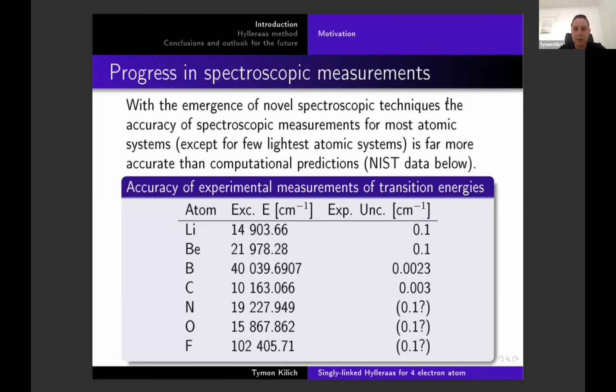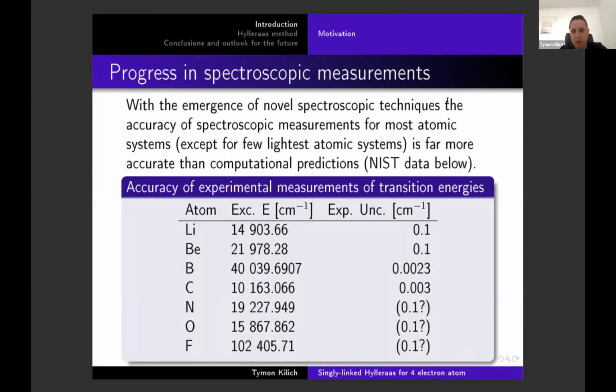And I think I will quickly move on to the presentation. So first of all, what is the motivation for my work? Basically, it is an observation that in spectroscopic measurements in the light atoms, if we take a look at, for example, the first transition energy between the ground and first excited states, without including fine structure and so on, and we take a look at the experimental uncertainties, we see that the uncertainties are quite small.